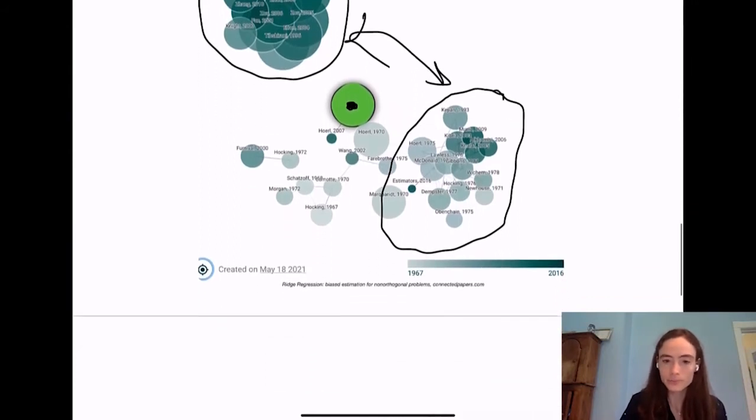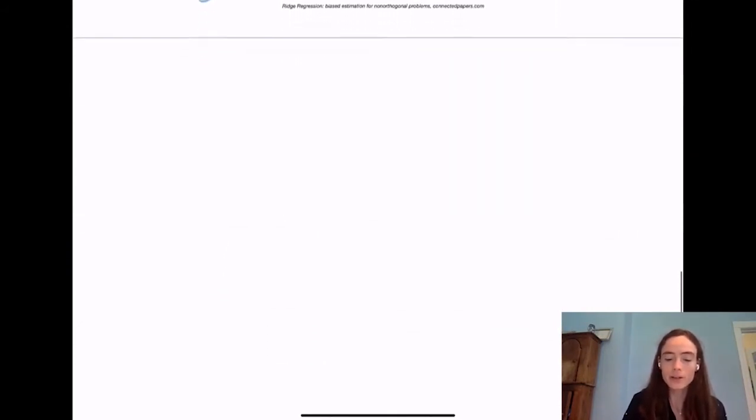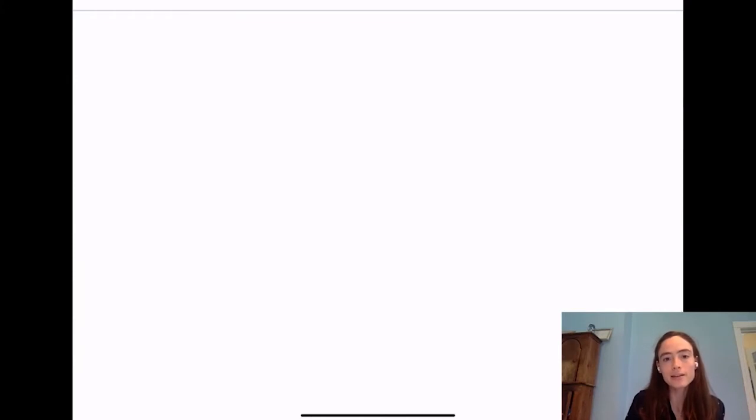Now that we've seen these examples of how graphs are useful, we're going to talk about the general definition of a graph.